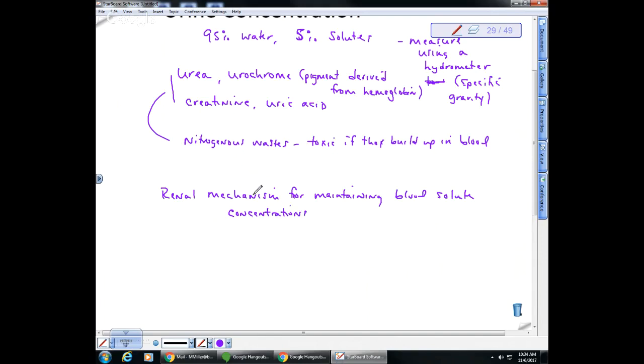Okay. So let's start with the thing that you looked at in lab, which was the case study. So we had overhydration, for example, in a person that drank too much water. If you drink too much water, you can dilute your blood to the point where it can actually cause you to die, right? So if you overhydrate, then the solute concentration decreases.